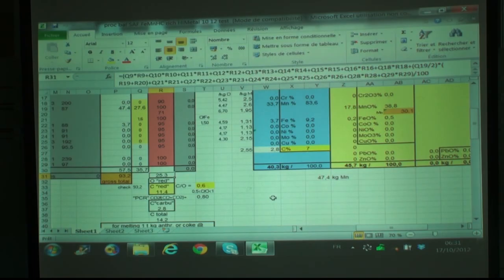Actually they say the C over O. And when you form CO2, here the ratio C over oxygen is 0.5.